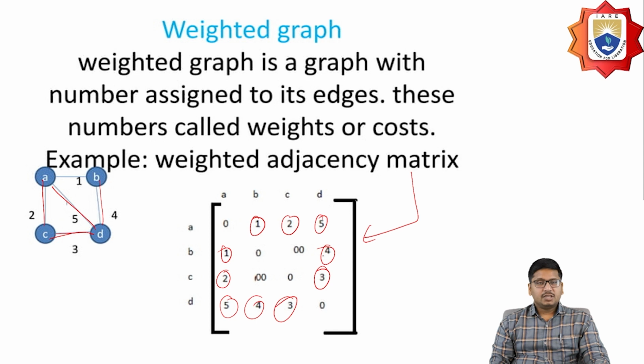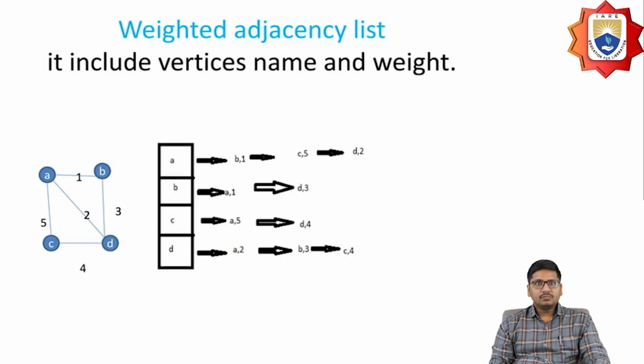A weighted graph is a graph where a number is assigned to each of its edges, and these numbers are called weights or costs. So the weighted adjacency matrix looks like this. In a similar fashion, in the adjacency list along with the vertices, we are going to consider the weight values also.